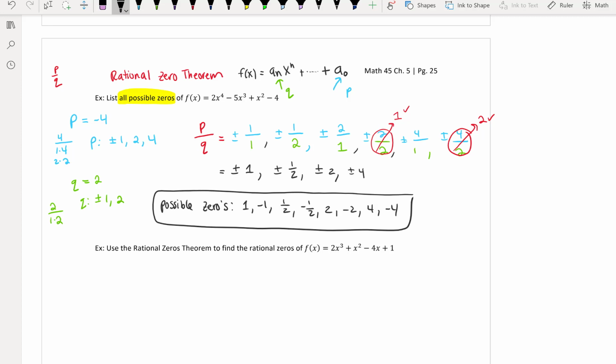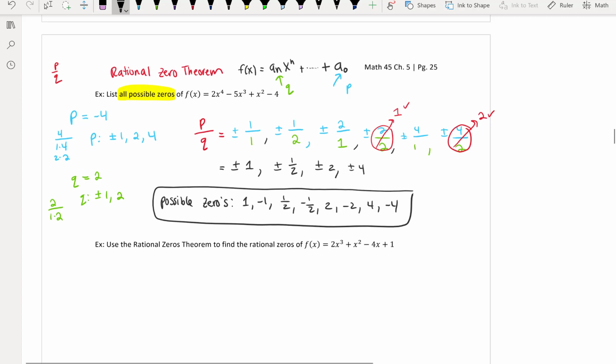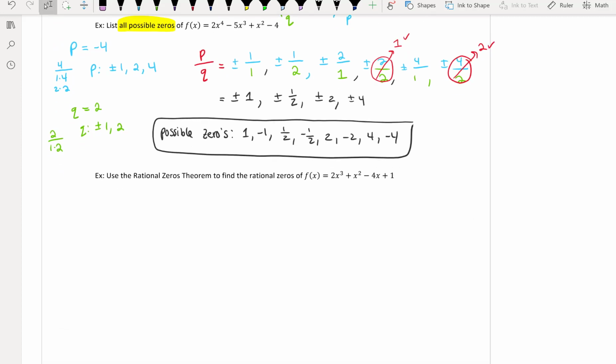Okay, so we're going to take that idea and use that to find the actual rational zeros of this function. So it says use the rational zero theorem to find the rational zeros of this function. So again, let's look at our p-value. My p-value is equal to 1, so I'm going to think about it as just plus or minus 1.